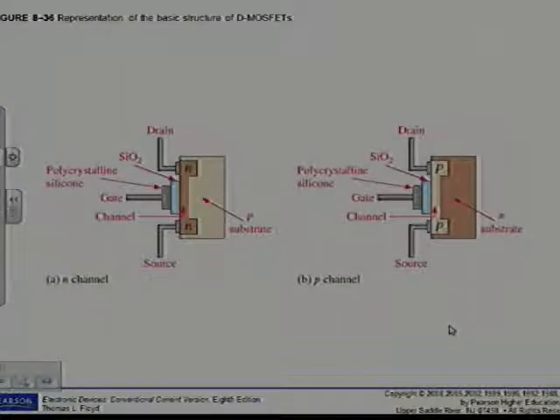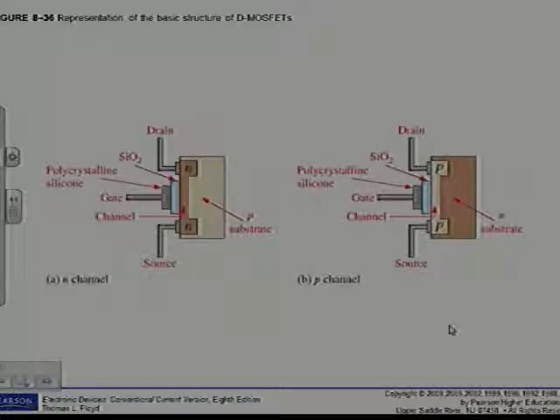The next one we're going to talk about is on page 398 in your books. If you look on page 398, you will find the depletion MOSFET or the D-MOSFET. Now I repeat, in this case there exists a channel between my drain and my source.